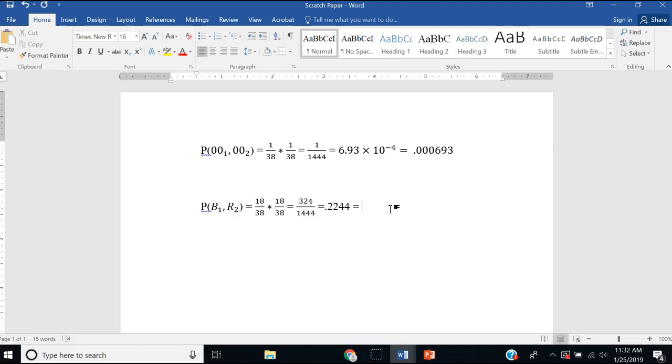But if you did reduce fractions, I would not count that against you. If you gave me 81 out of 361, that's fine too. Okay? So I'm okay with either the unreduced fraction answer, the decimal answer, or the reduced fraction answer.